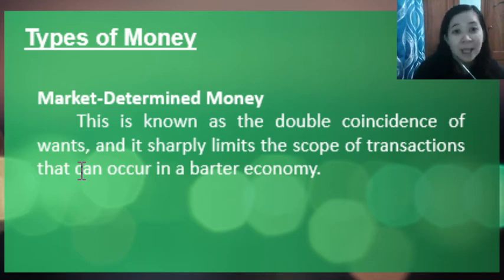When we say coincidence of wants, it means that the good or service that you would exchange for my good is something that I also want, regardless of the value, may it be higher or lower.